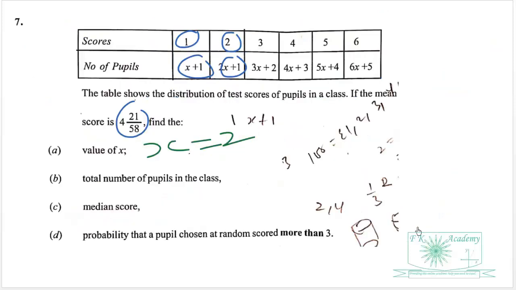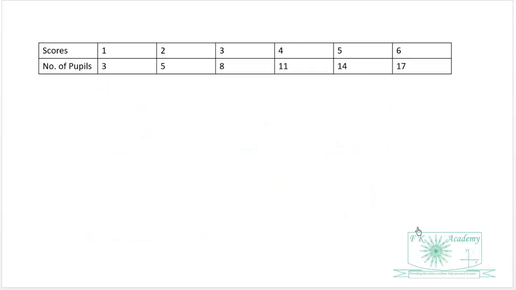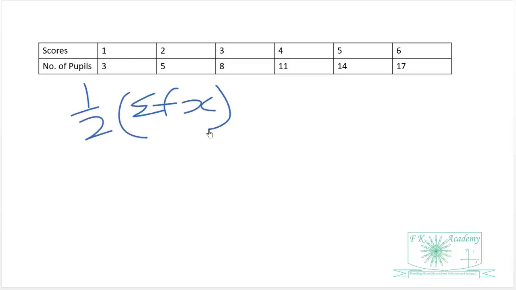Then we're asked to also find the median score. With the median score, we know that the table will now be looking like this when we substitute the value of x. The median is the score that corresponds to half of summation f.